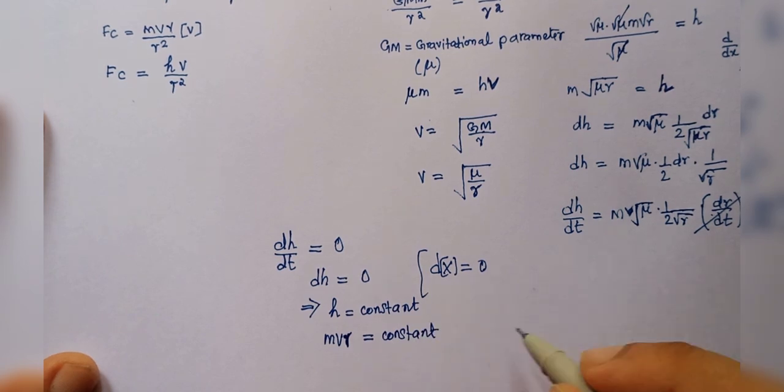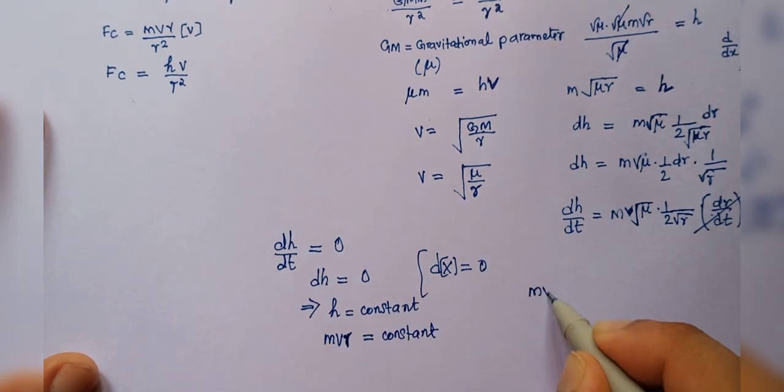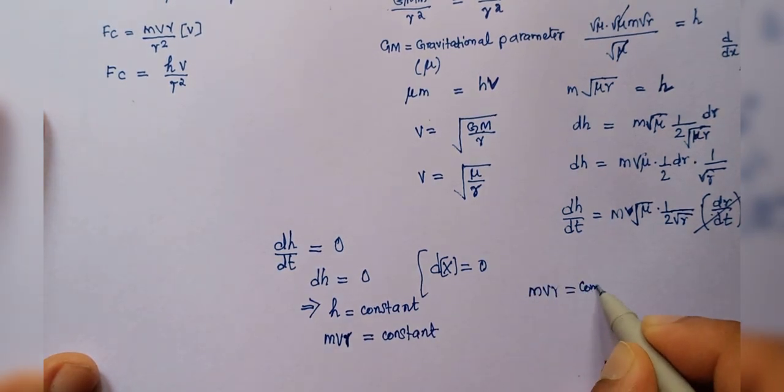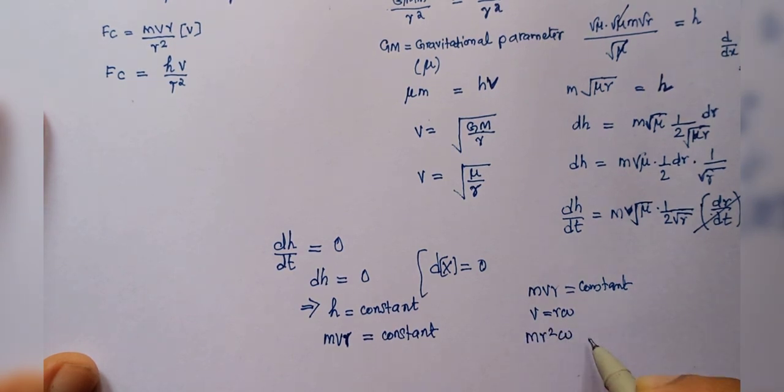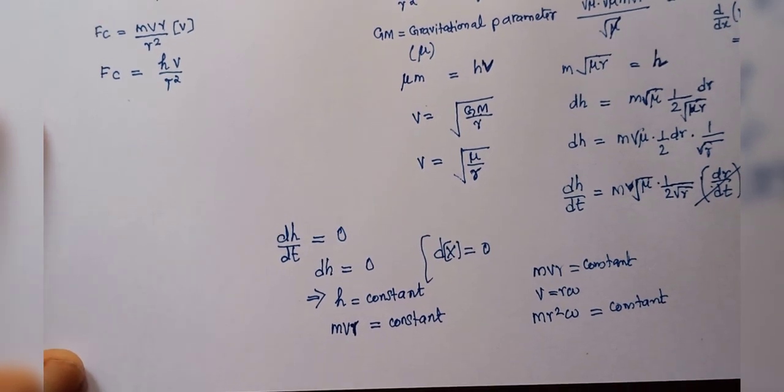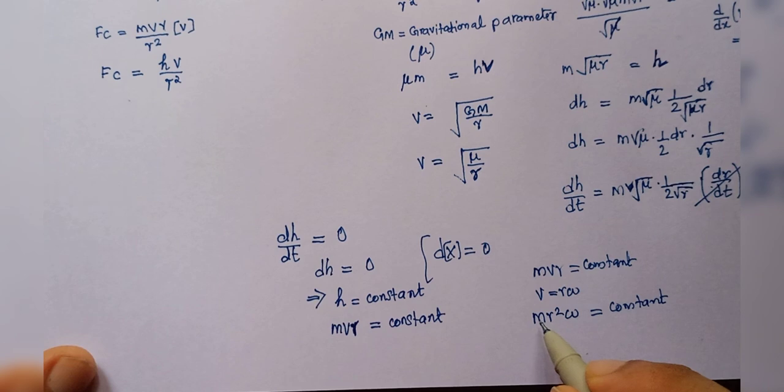Okay, if m v into r is a constant, that implies you can write your v equal to r omega. If you substitute here, you are going to get m into r square into omega, which is again a constant. Again, we know the mass of the system.